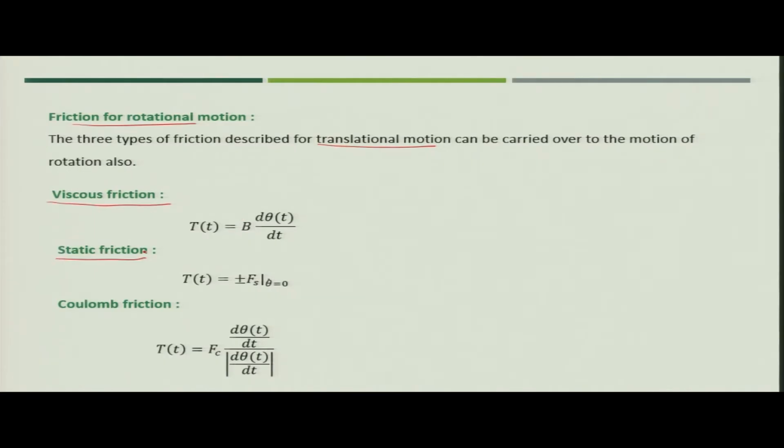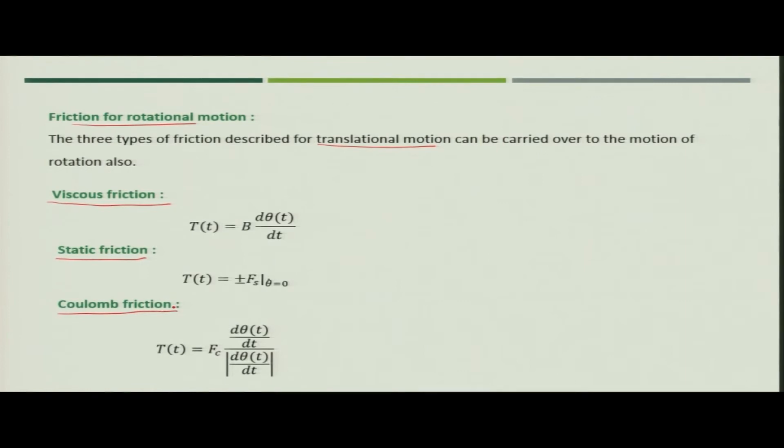Then static friction. In that case the friction torque T can be defined as plus minus Fs, the value of static friction, for theta dot equal to 0, that is, the object is just about to move. Plus minus is used to show the direction of the friction applicable on the body.